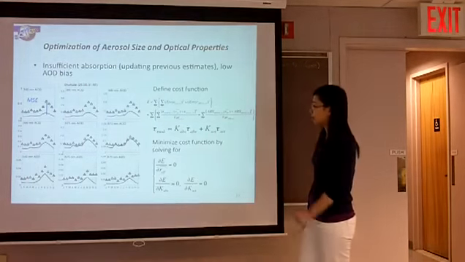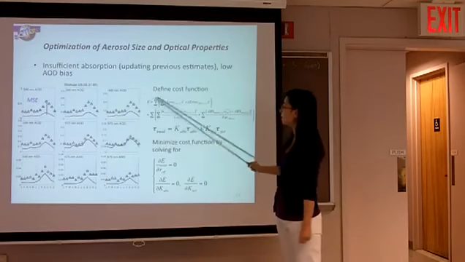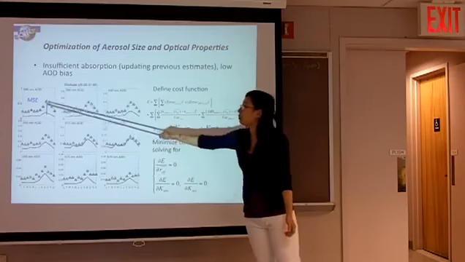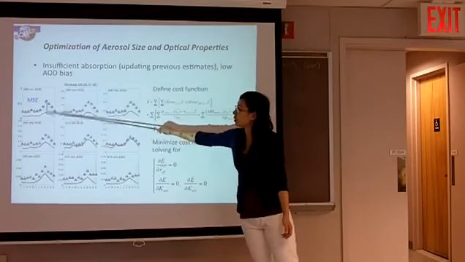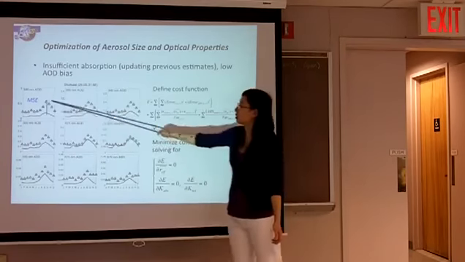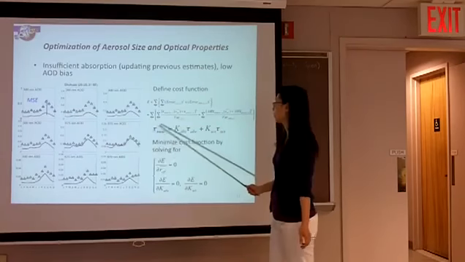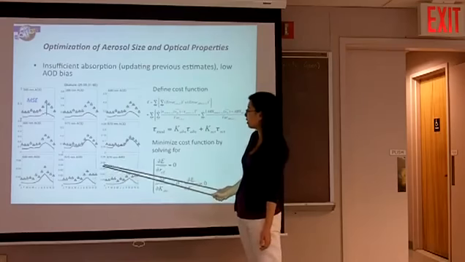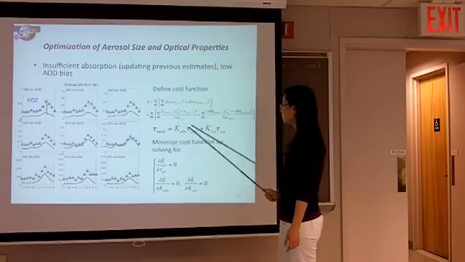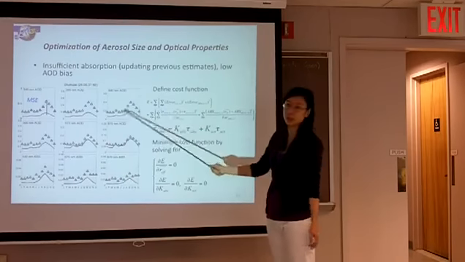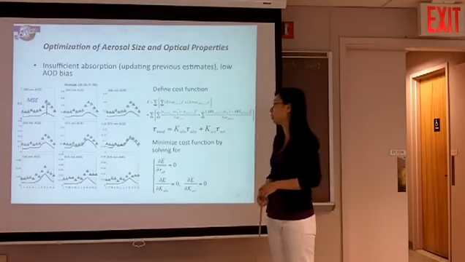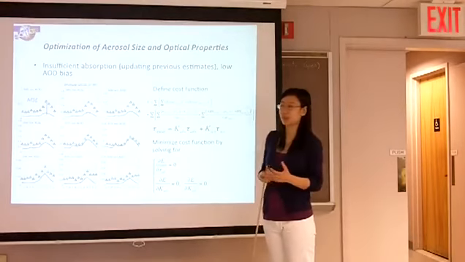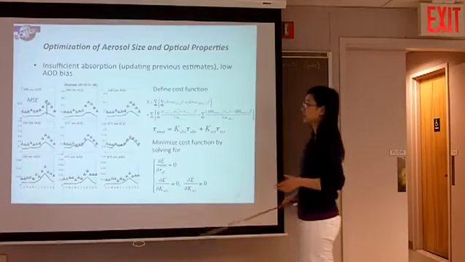Then based on this comparison, we define a cost function, which is the sum of the mean square error between model and AERONET. The sum is over all these wavelengths, but normalized by the variance of that wavelength, because the order of magnitude for different wavelengths is different.